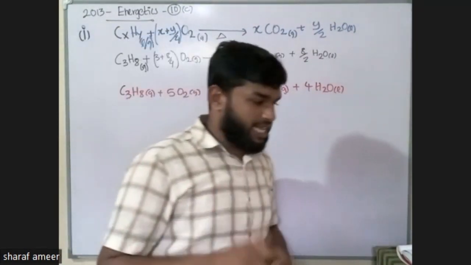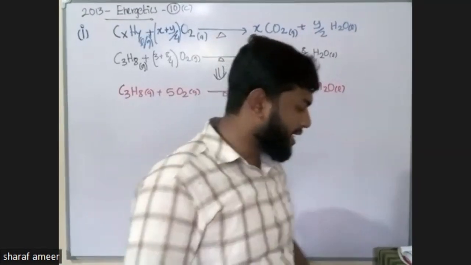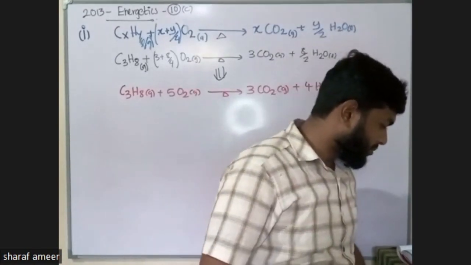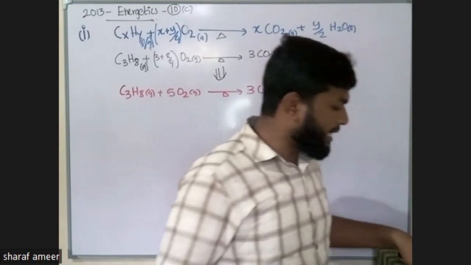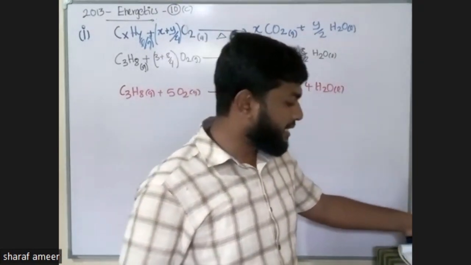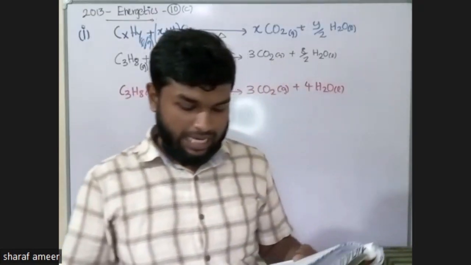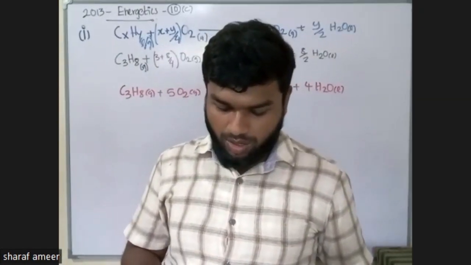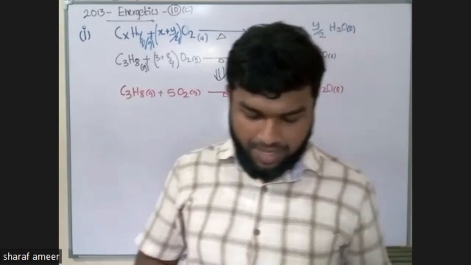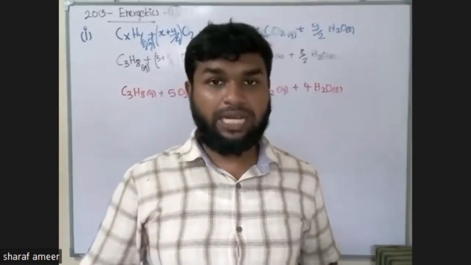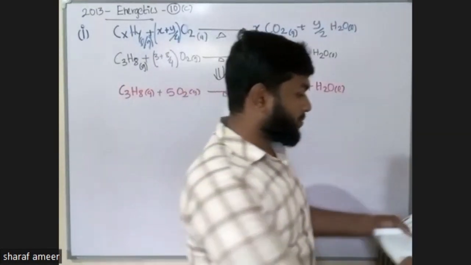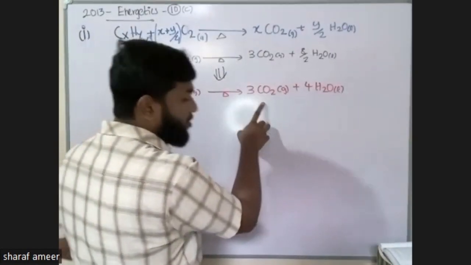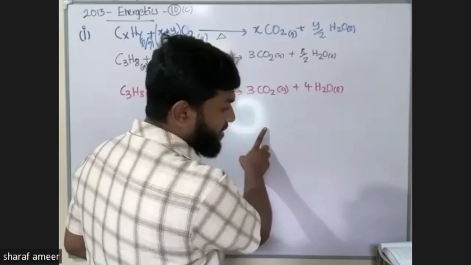Now see here, within the table they have given the standard enthalpy of formation of water, carbon dioxide, propane and butane. They have given it per mole, which means for 1 mole.